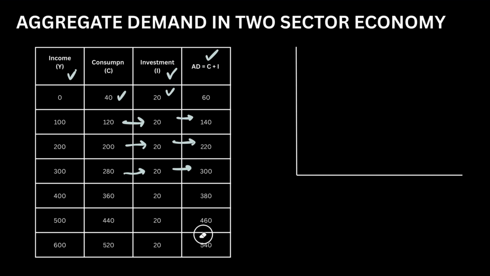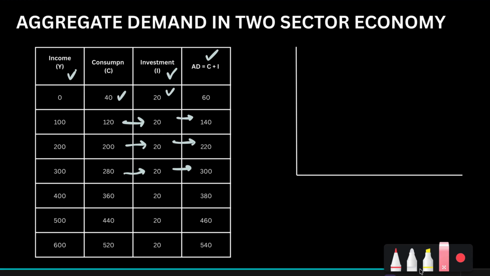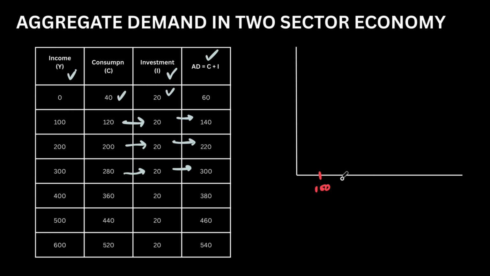Now let us understand aggregate demand as a curve. Let's take 100, 200, 300, 400.